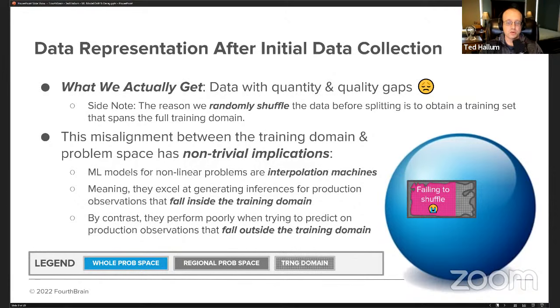But there's actually a good reason for it. If you don't shuffle your data, then the training examples you end up training your model on will likely only cover a portion of the training domain. Instead of being well distributed, the random shuffling ensures that those training examples cover the entire problem space.